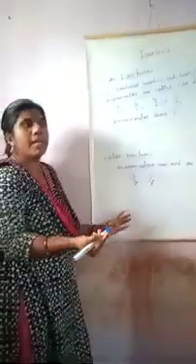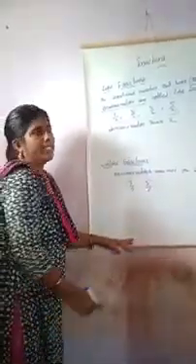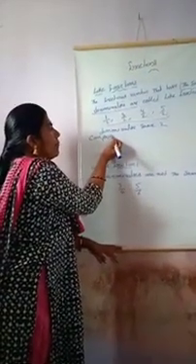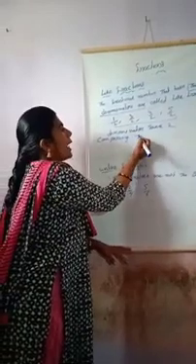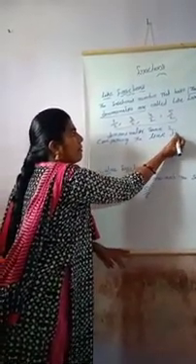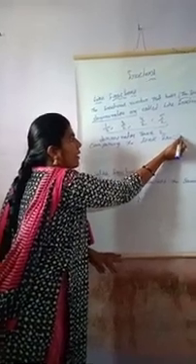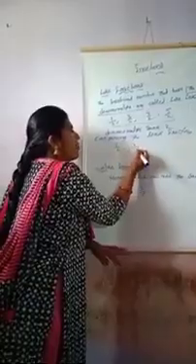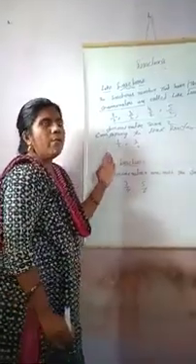Fractions with the same denominator are called like fractions. Comparing like fractions: 1 by 2, 3 by 2.